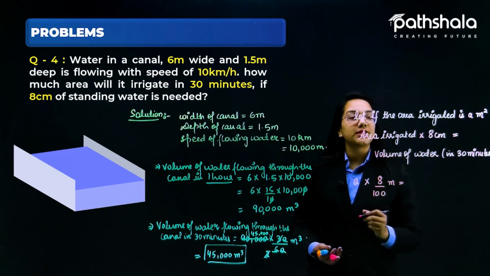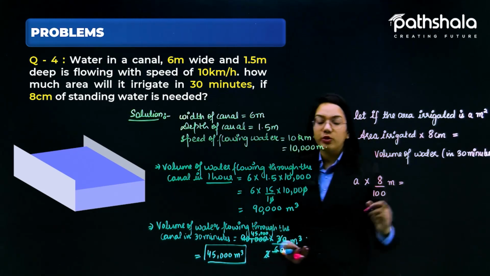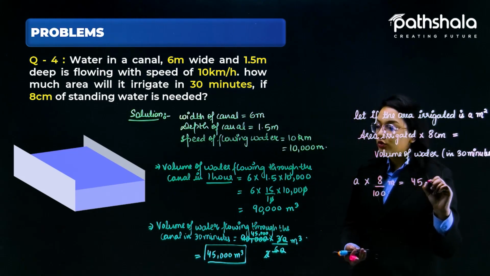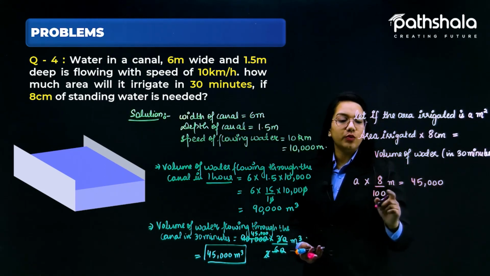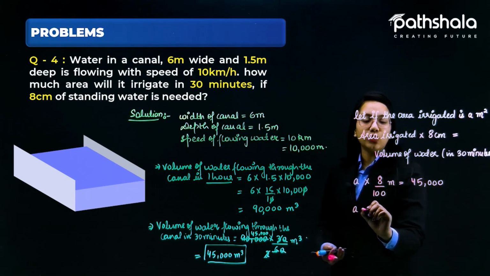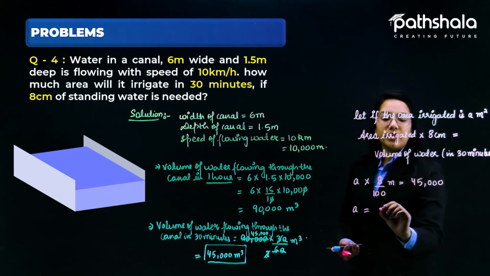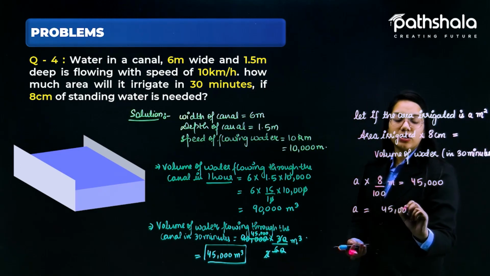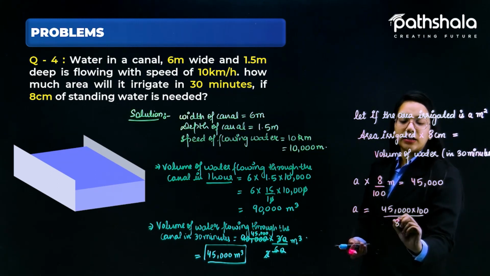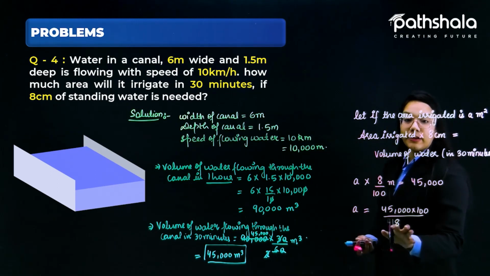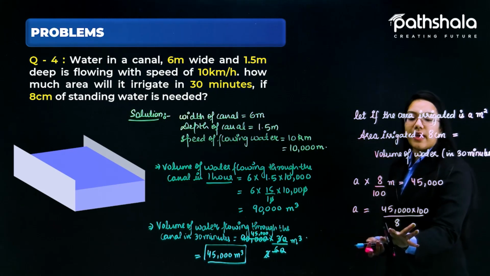This should be equal to the volume of the water, which is 45,000. Now A is equal to 45,000 into 100 divided by 8.